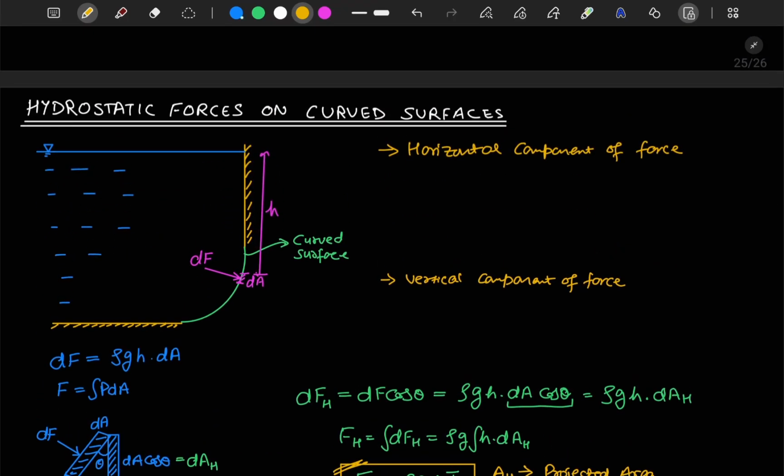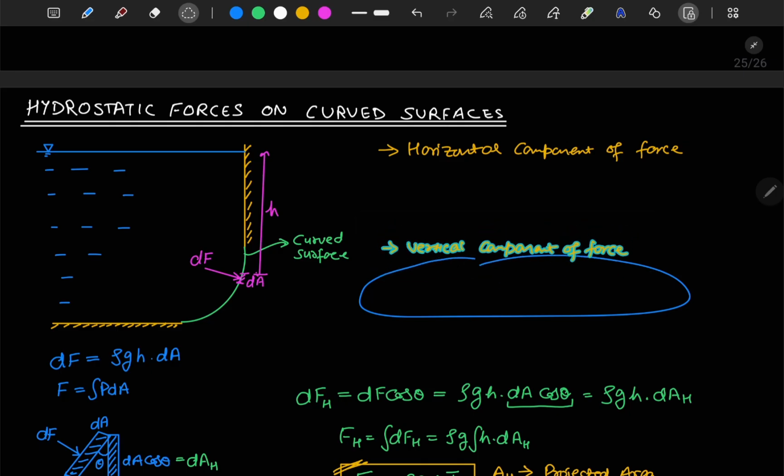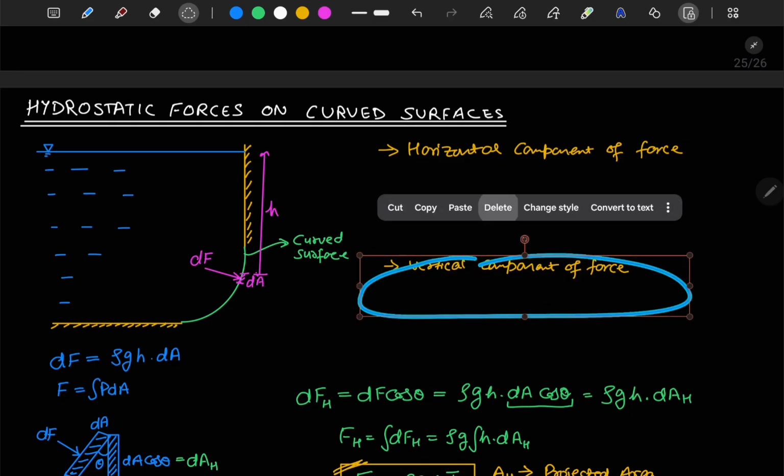If I want to write your horizontal and vertical component of force, how will I write it?